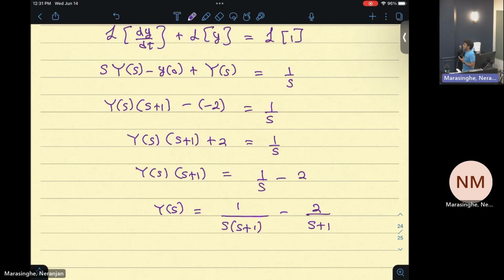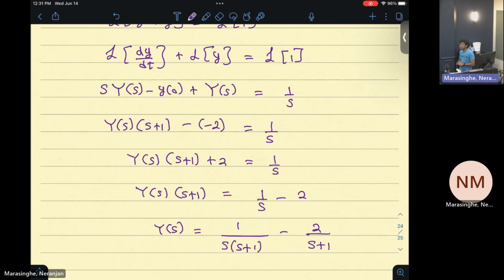Actually, for this problem it is not necessary, because we need to find the final value, or limit, of y(t). So we can do this problem without finding the partial fraction decomposition, and I'll show you that. Any questions up to this point? Any questions about finding Y(s)? Let me know if you have any questions.